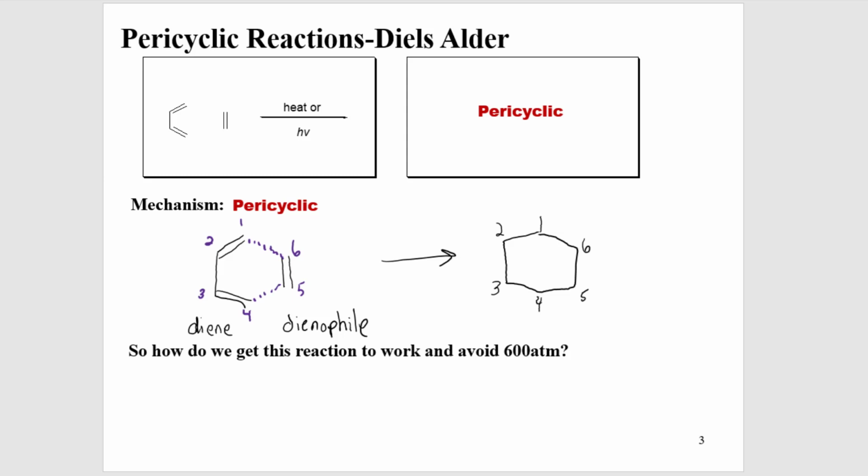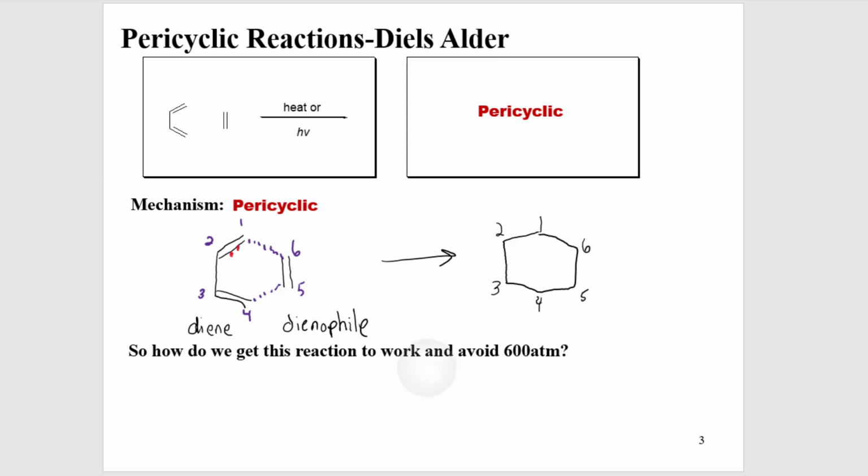So the dotted line represents where the new bonds are going to form to give you your reaction. So starting from a pair of pi electrons. Now, what I want you to recognize here is that only the pi electrons are in motion. None of the sigma bonds, the single bonds, none of those change or break.